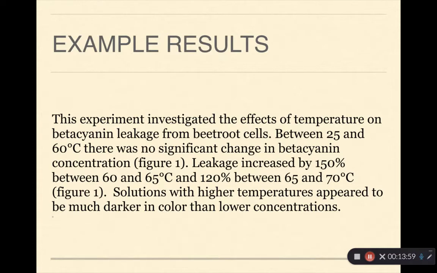So this is leading you, the reader, to go and look at that figure. Solutions with higher temperatures appeared to be much darker in color than lower concentrations. So this is your qualitative statement. The quantitative statements were derived from collecting data on those different solutions using a spectrophotometer.